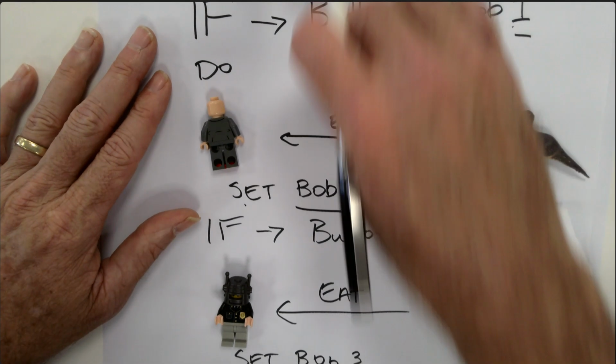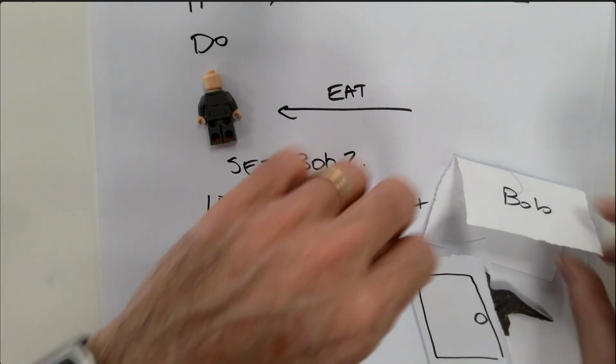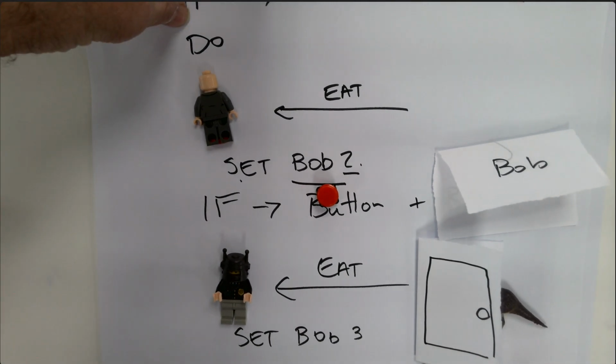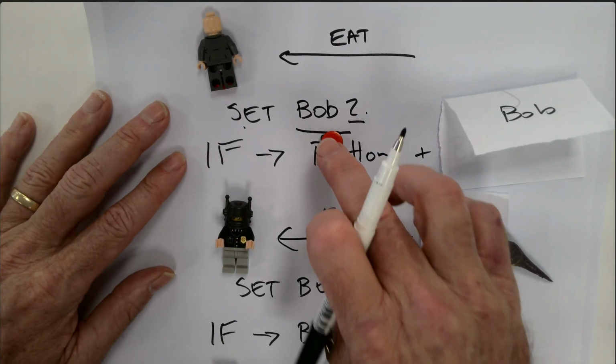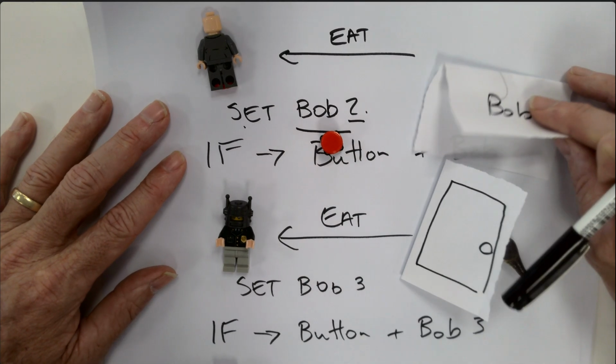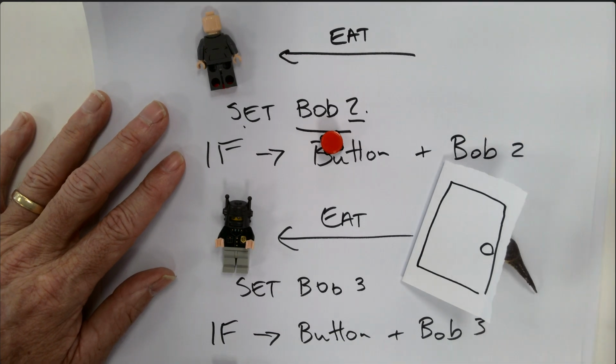Let's see what happens for the next if statement. Now we're going to press the button, boop, and check what Bob's got in there. If these two are together, Bob has got number 2. Great, those conditions are met.